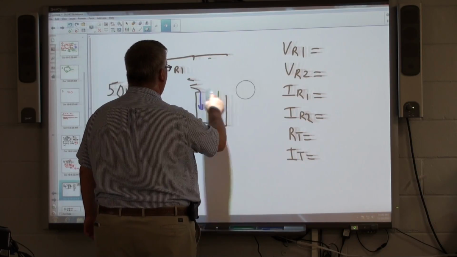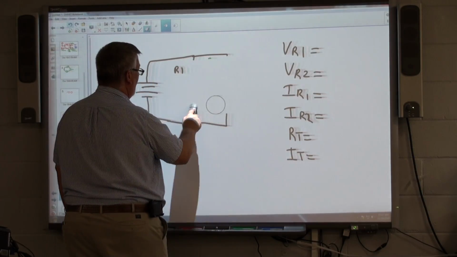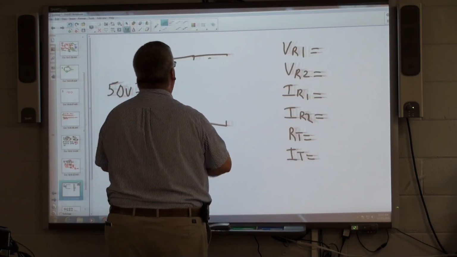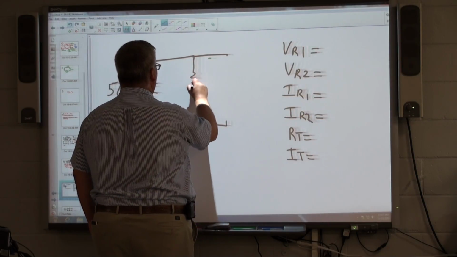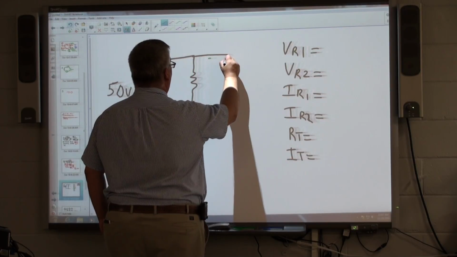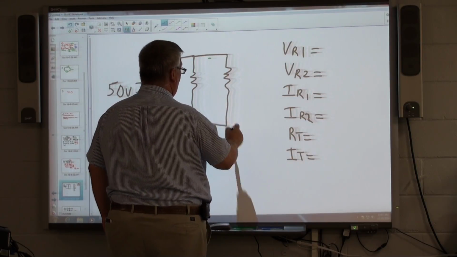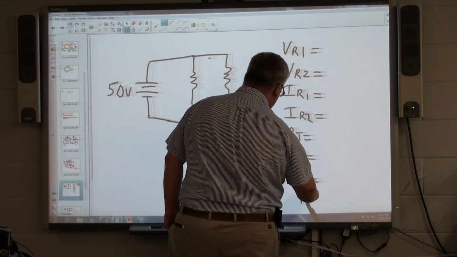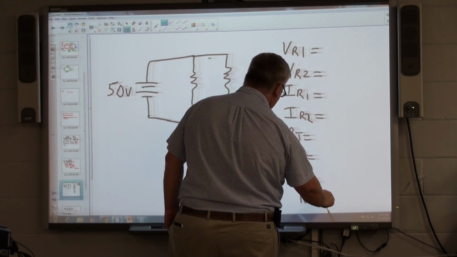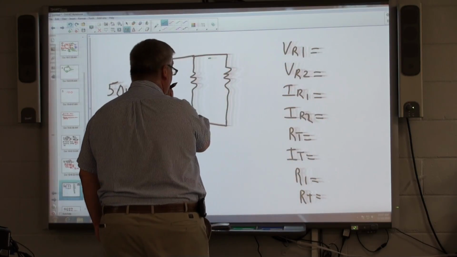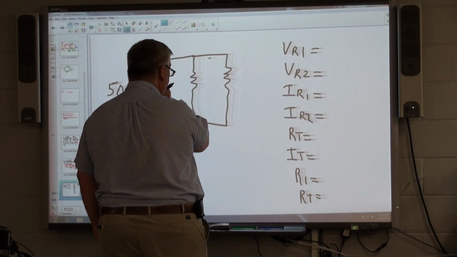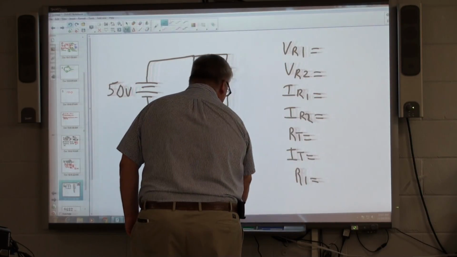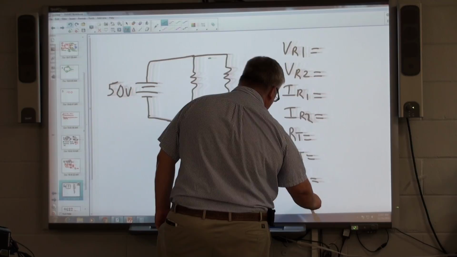Pull it this way. I'm going to add in R1 equals, R2 equals. No, you got RT, that should be 2. Thank you. I was contemplating the next move and not worried about the first one.